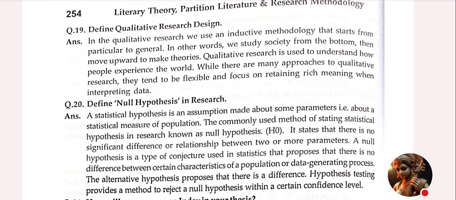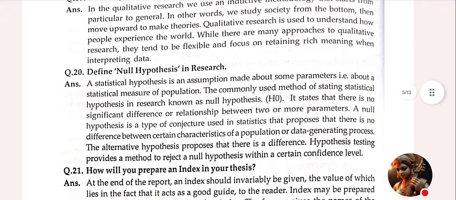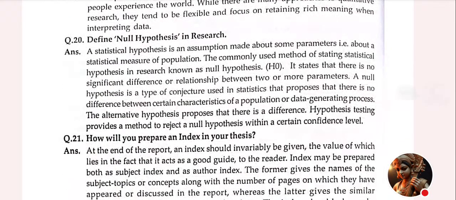Qualitative research is used to understand how people experience the world. While there are many approaches to qualitative research, they tend to be flexible and focus on retaining rich meaning when interpreting data.